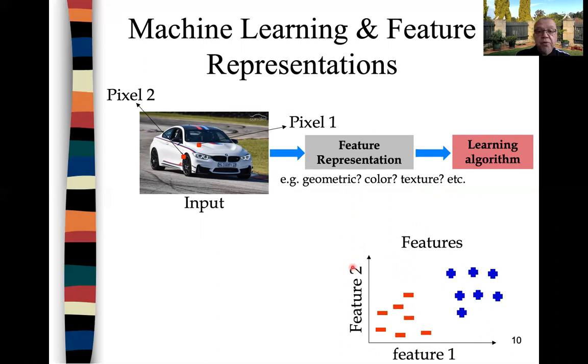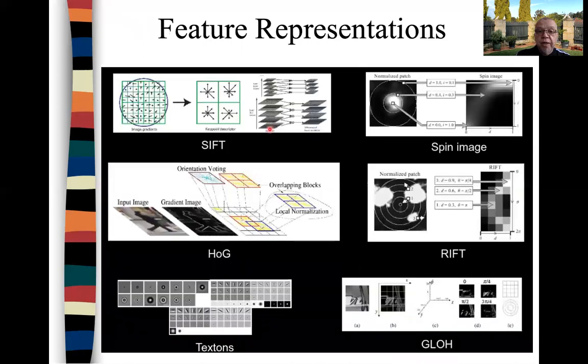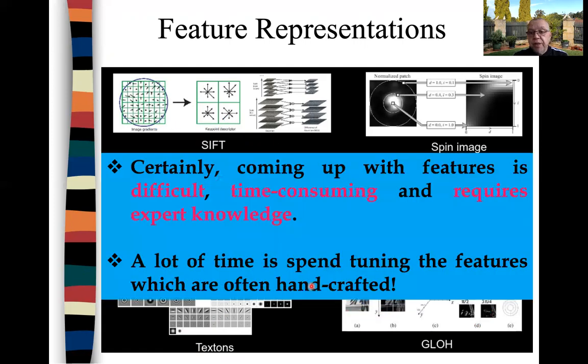This requires feature extraction and then a classifier to handcraft these features, whether they are gray level features or textural features like the texton, or spin images which are used for point clouds, or other types of features. It is very hard to come up with these features.